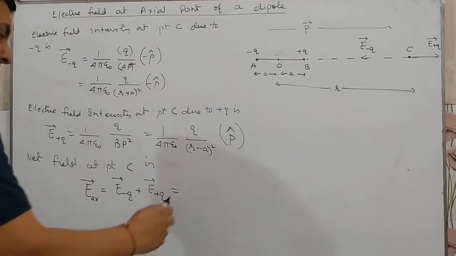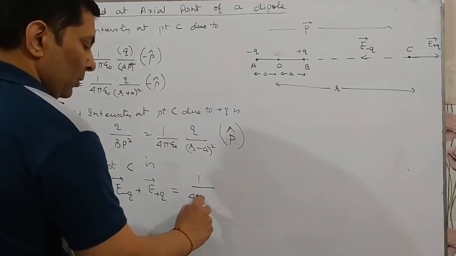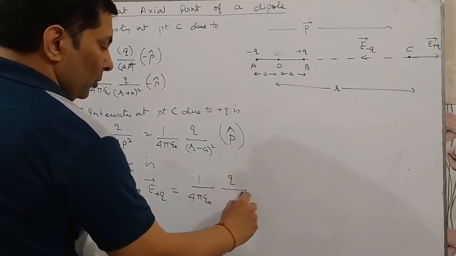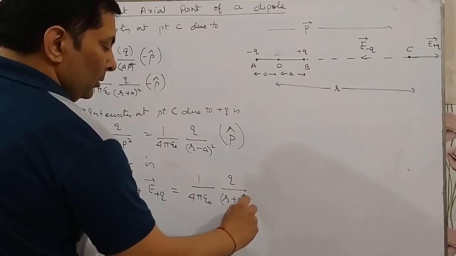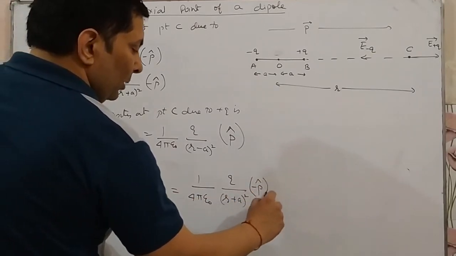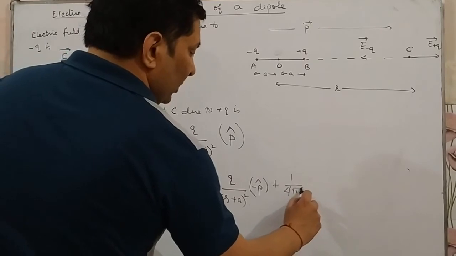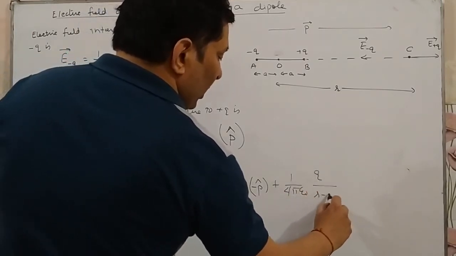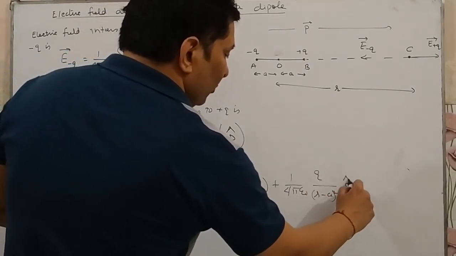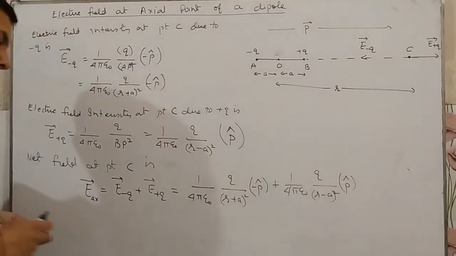Putting the values, we have 1 upon 4 pi epsilon naught, q upon (r plus a) square in the minus P direction, plus 1 upon 4 pi epsilon naught, q upon (r minus a) square in the positive P direction.